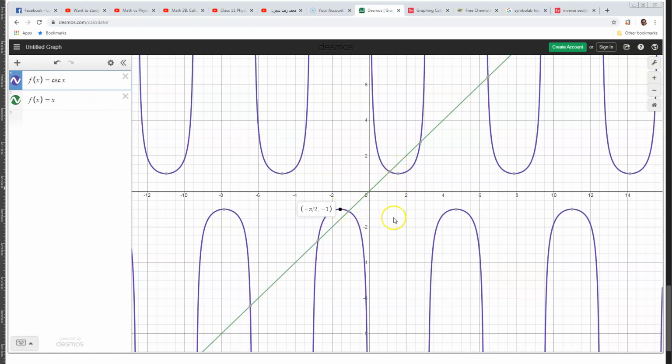But then when you define the inverse of this function, the cosecant inverse function, that becomes the range of that function.